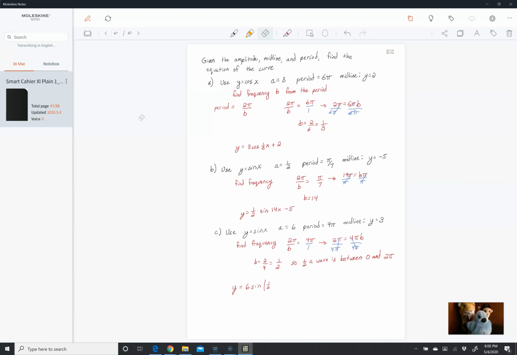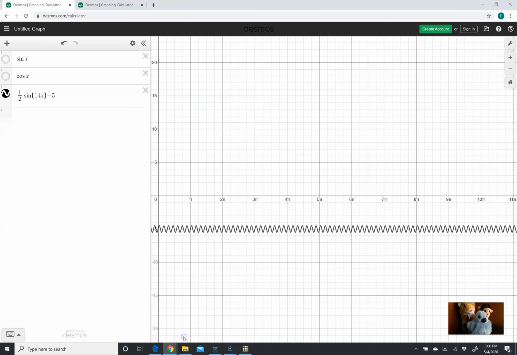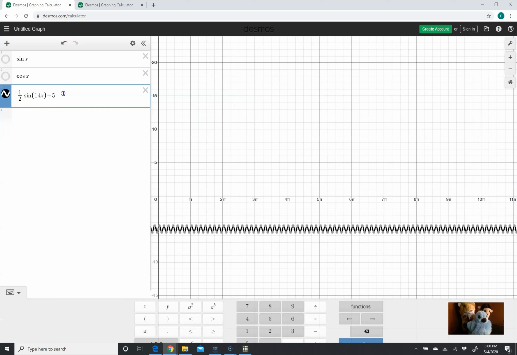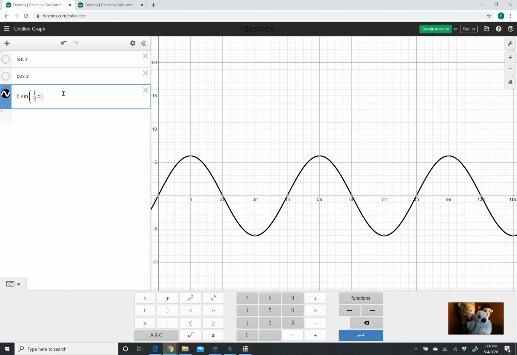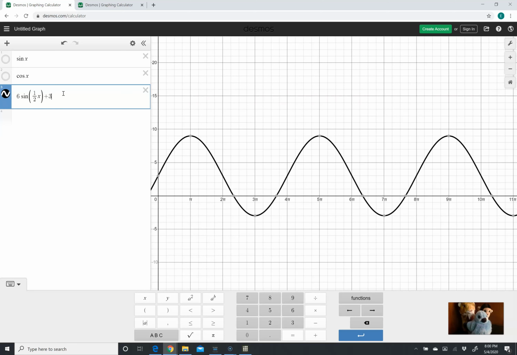It's going to be 1/2 x. And we're going up by 3. And if we graph this, just to confirm, we have 6 sine of 1/2 x plus 3. Notice I have to put it outside the parentheses, right? If it's inside the parentheses, then it's going to be a translation left or right.